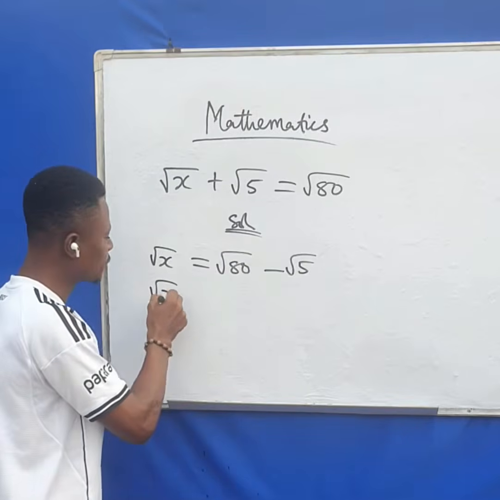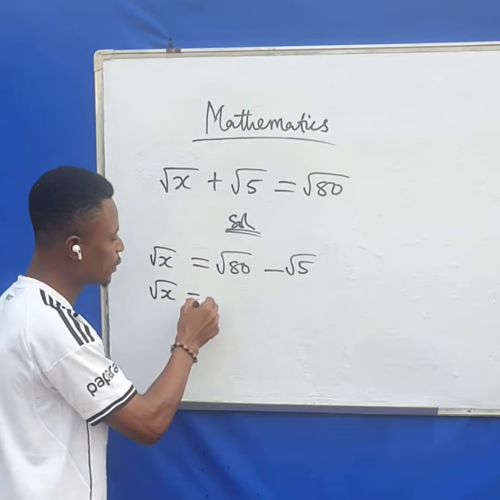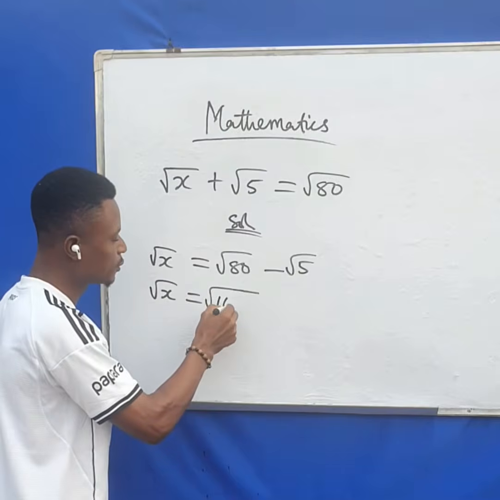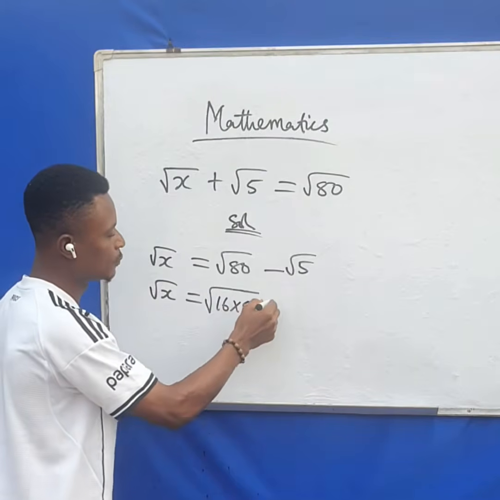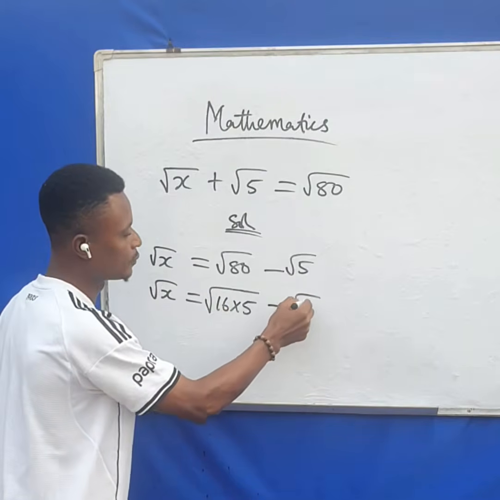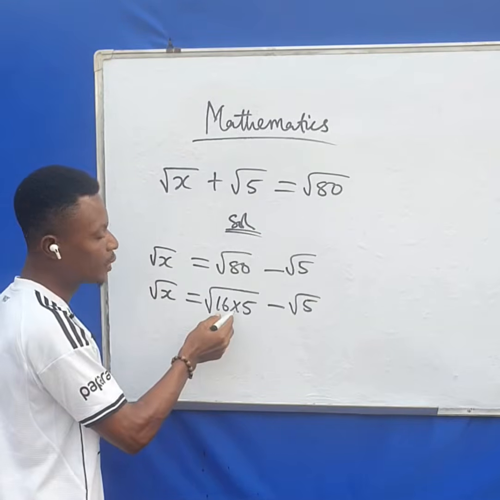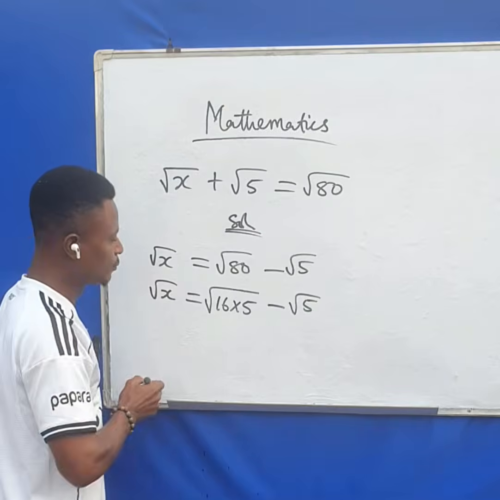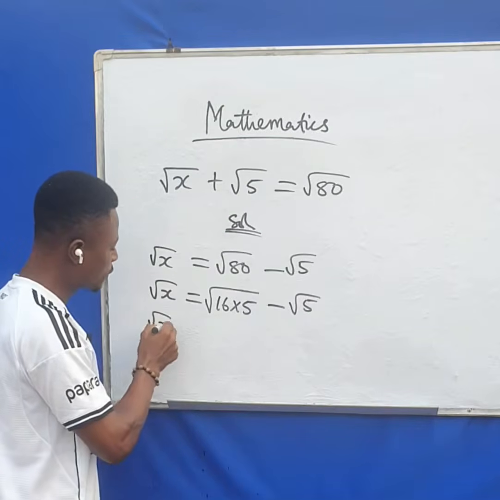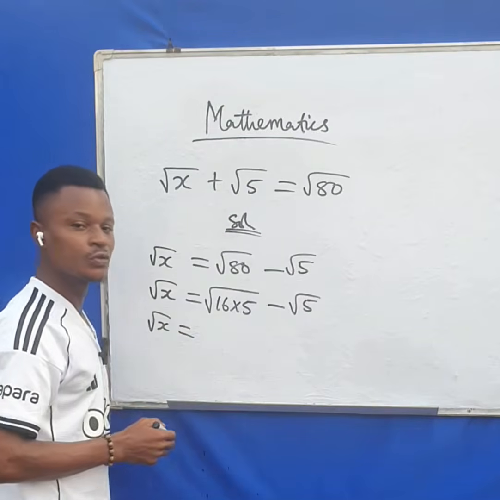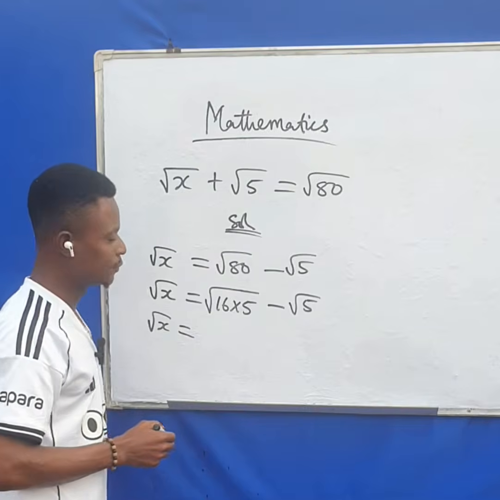So square root of x equal to, in place of this, write square root of 16 times 5, then minus square root of 5. Next, we are going to apply something called the multiplication rule of surds here.